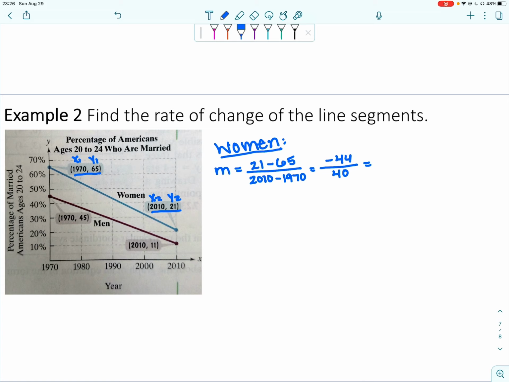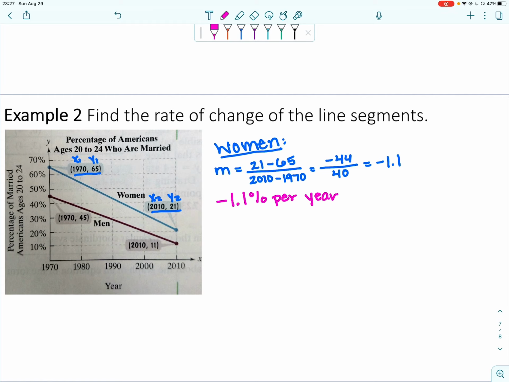So negative 1.1. But now this isn't just where I'm going to leave this, because this is a rate of change. So there's an application to this. Okay, the rate of change is negative 1.1% per year.